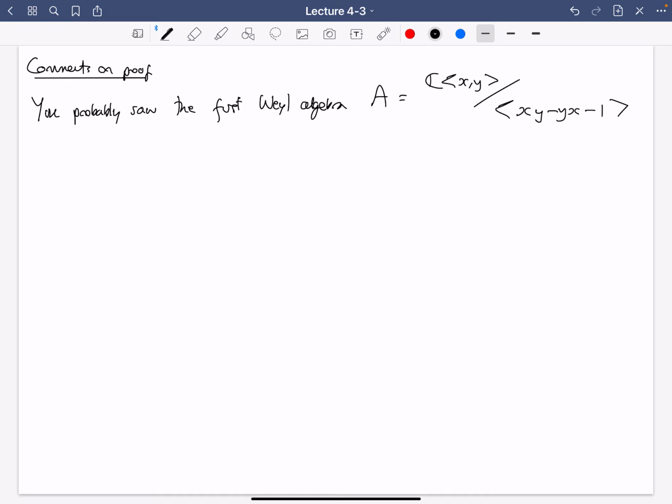So xy minus yx, the commutator of x and y, is equal to 1 in this first Weyl algebra A. This has basis just monomials y to the j, x to the i, for i and j greater than or equal to 0. This is like a baby case of the PBW theorem we're about to prove for universal enveloping algebras of Lie algebras. But for this baby case, the usual proof is rather easy.